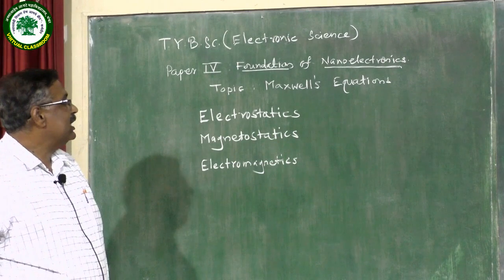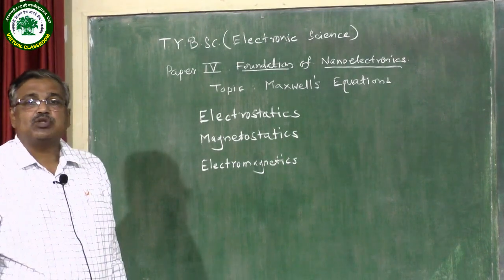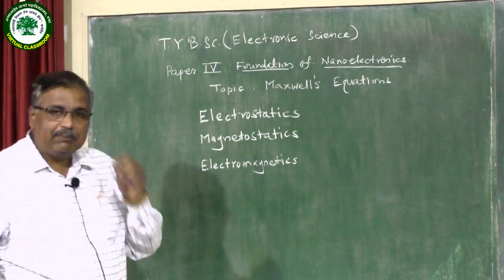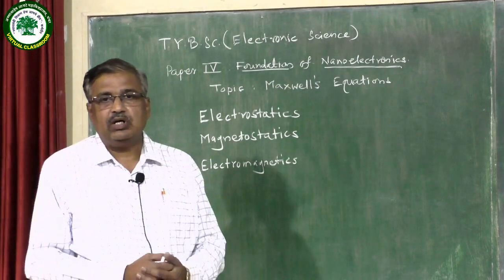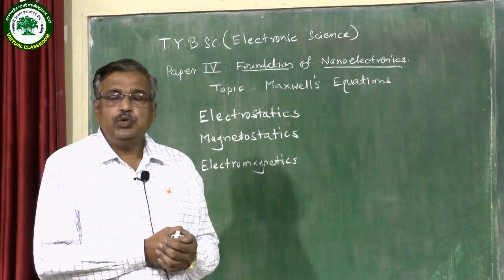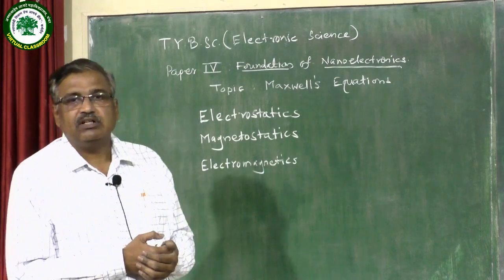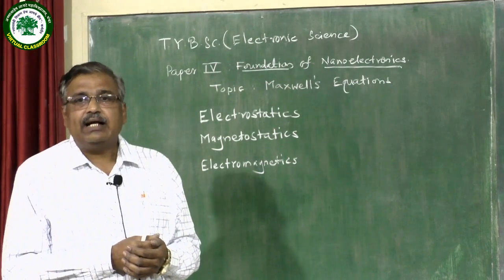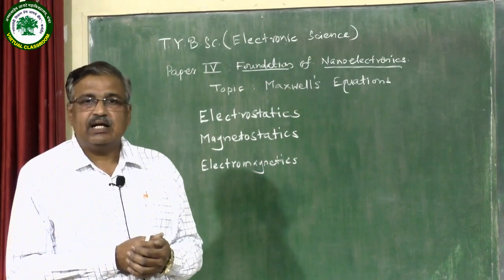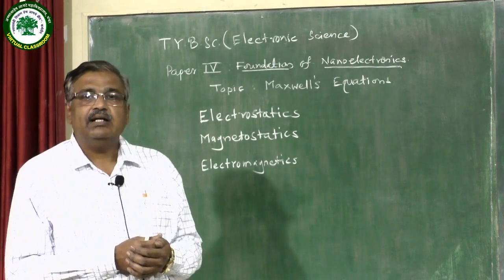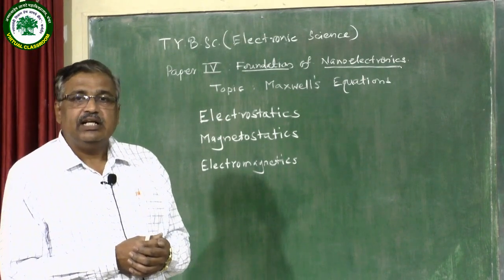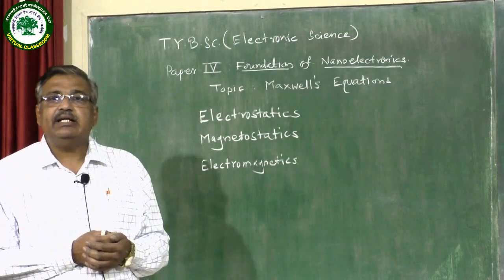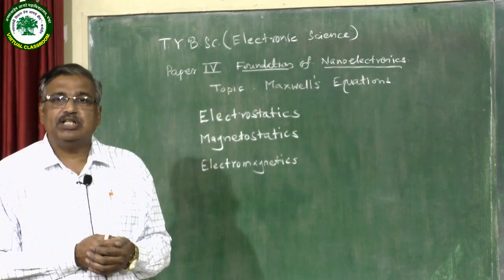We consider first, in detail, the basic concepts associated with electrostatics. In electrostatics, the first fundamental law is Coulomb's law. This is the well-known law used in the development and explanation of electrostatics. It states that if there are two point charges located at a finite distance, then the force of interaction is directly proportional to the product of these two point charges and inversely proportional to the square of the distance between them.